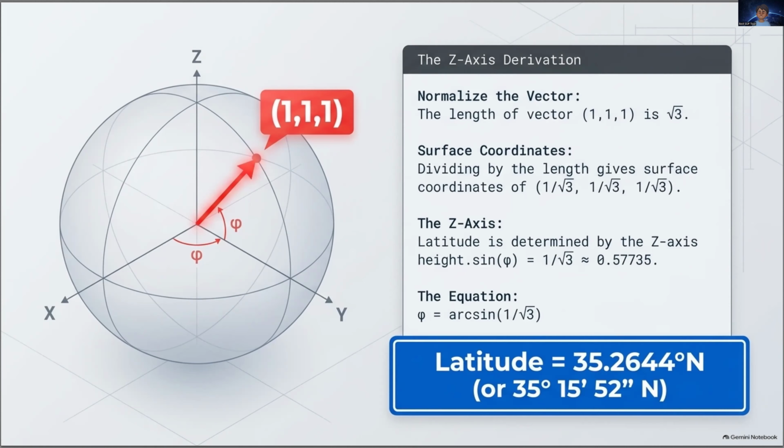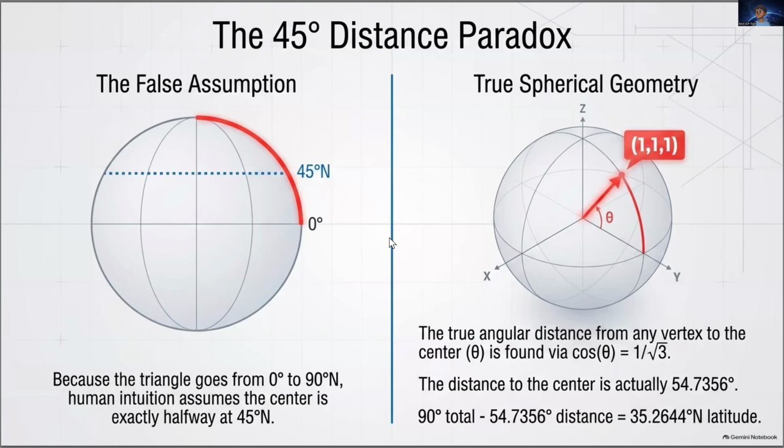From the prime meridian to the equator, 90 east to the North Pole. The 45 distance paradox in true spherical geometry. Because the triangle goes from 0 to 90, human intuition assumes the center is exactly halfway at 45.